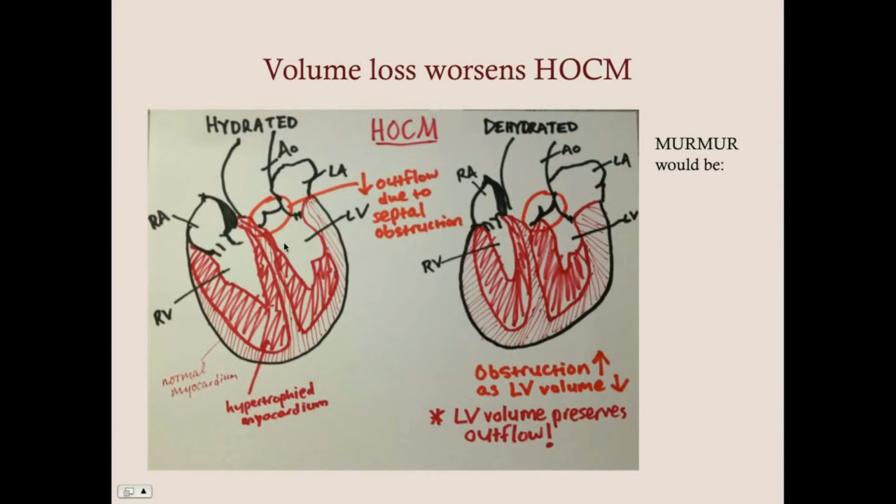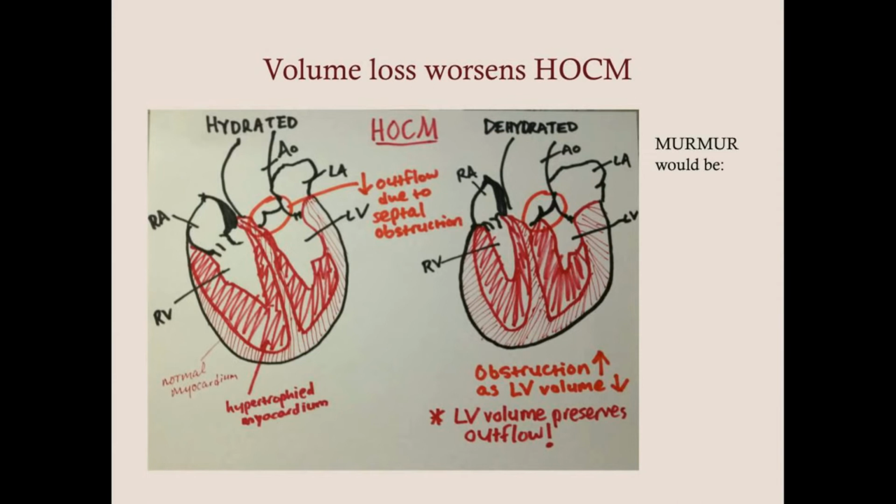So with more fluid, you have more fluid to push that piece of the septum back where it should be, and so it doesn't block the outflow. Now when you're dehydrated, that septum makes up more of the area of the aortic valve than it normally would, because you have less fluid to push it back.